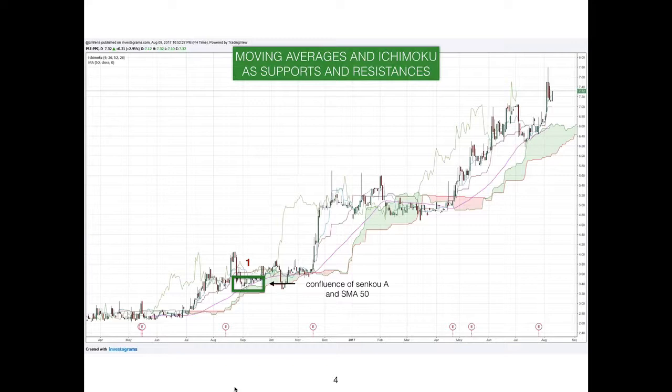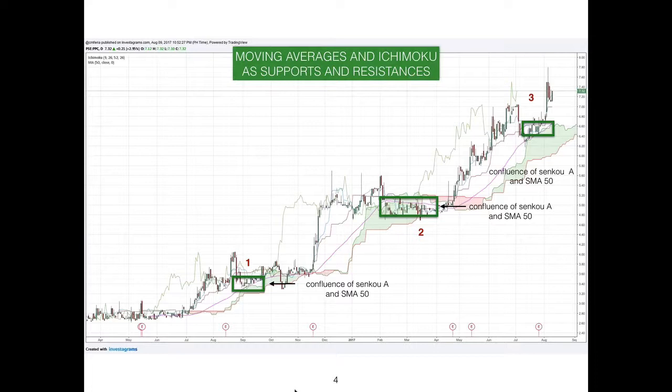Prices tried to rally previously and then they returned to that level. At this area, we find the same thing, confluence of Senkou A and SMA 50. After a brief rally or a few weeks of rally, prices return to those levels. In this area, after a strong rally as well, prices return to those levels.